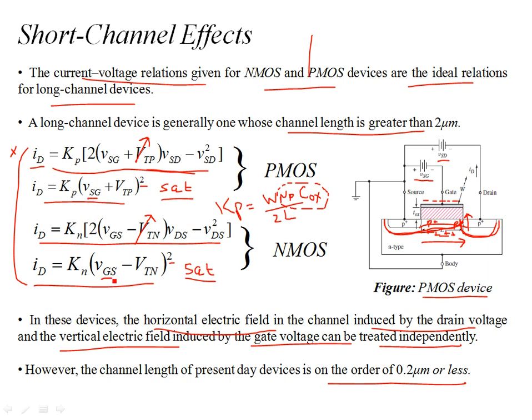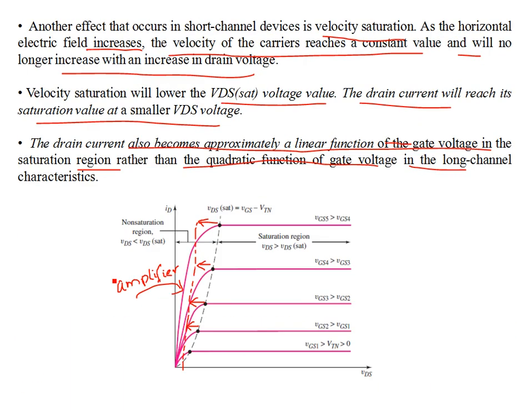So the characteristics are altered. If you consider the current voltage characteristics for short devices, they will be different. But these are for long channels.